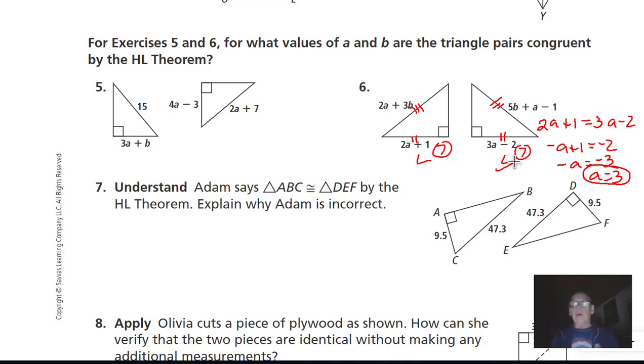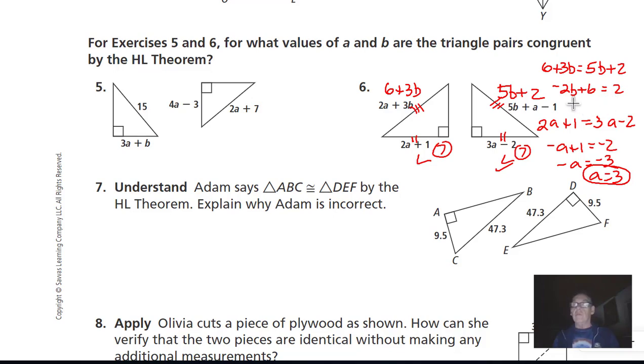Now to get the hypotenuse part, A is a 3. This is going to be 6 plus 3B, which has to be equal to 5B plus 3 take away 1, which is 2. So we set these two equal to each other, and we can solve for B. So 6 plus 3B equals 5B plus 2. Take away 5B from both sides: minus 2B plus 6 equals 2.